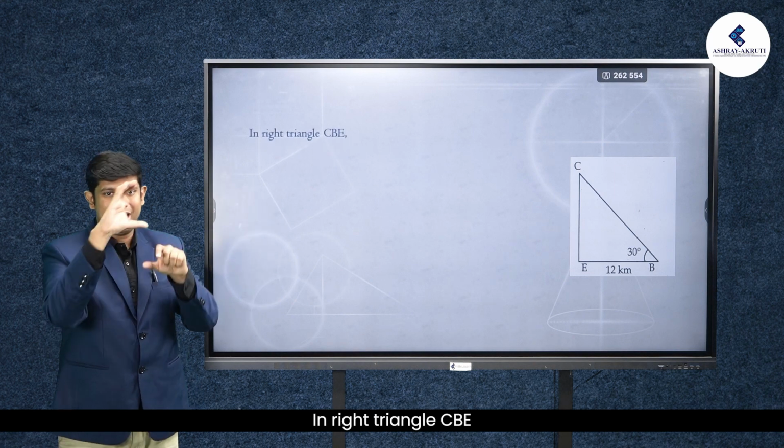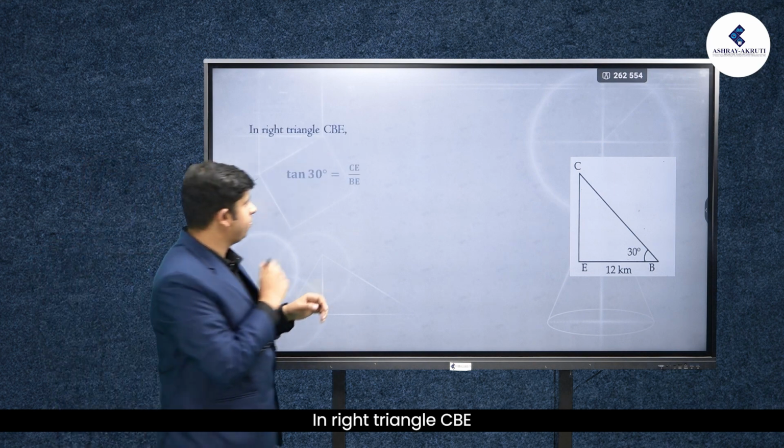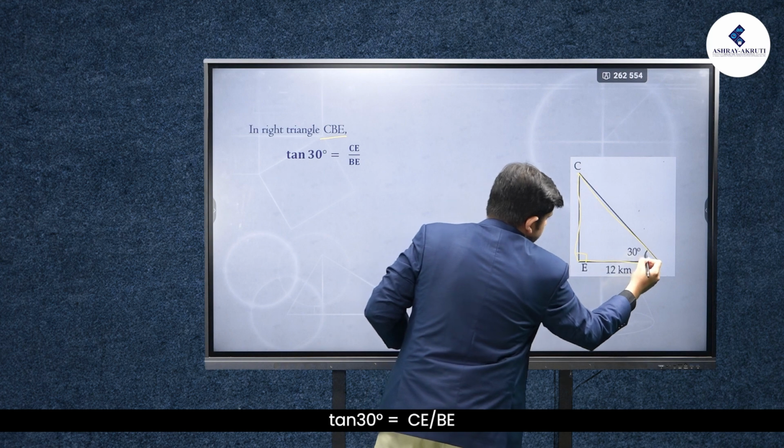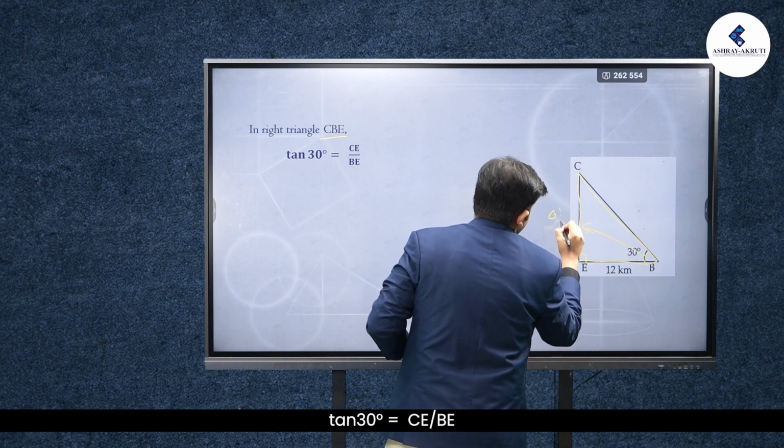In right triangle CBE, tan 30 degrees is equal to CE by BE.